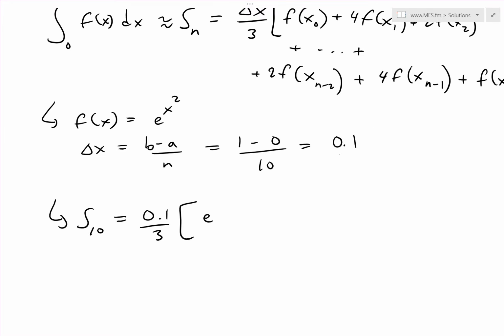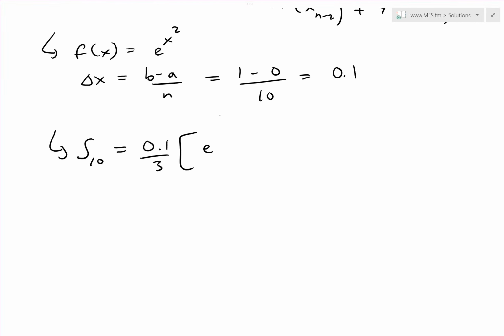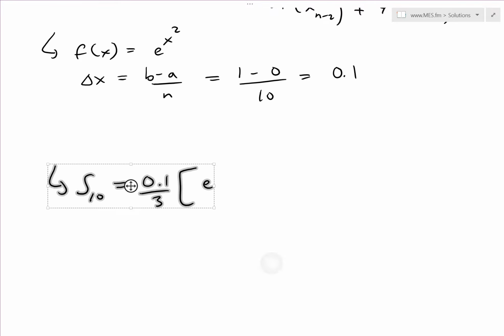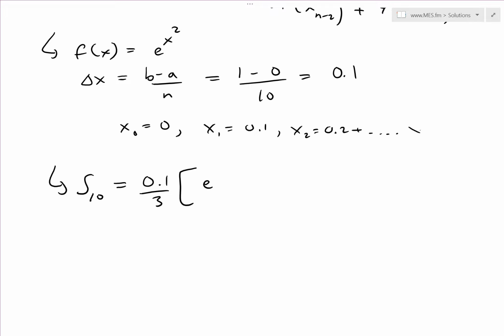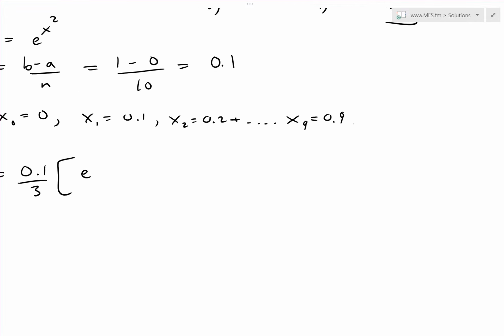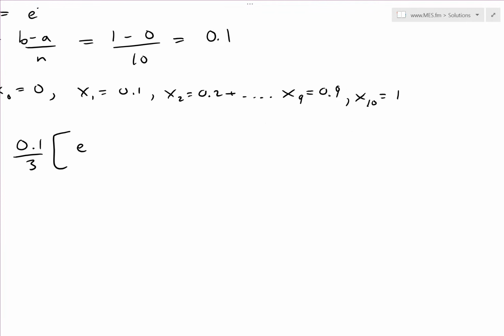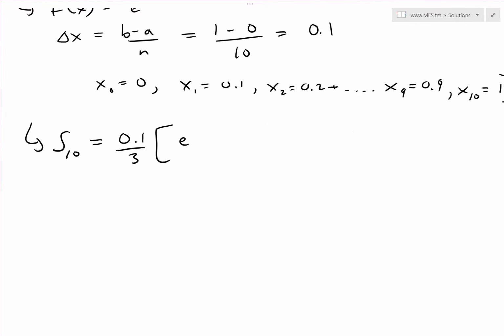In this case, x0 is equal to 0, x1 is equal to 0.1, x2 equals 0.2, and so on, until we have x9, which equals 0.9, and x10 equals 1, because they're separated by 0.1.